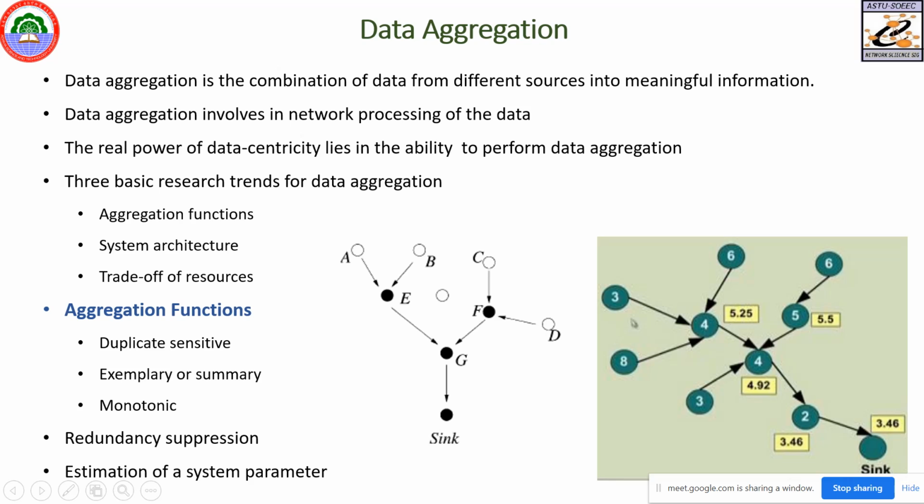When it comes to node 2, whatever data is transmitted by node 4, that is 4.92, and whatever the humidity level at node 2, which is 2, it will make an average. 4.92 plus 2 is 6.92, 6.92 by 2, so 3.46. This 3.46 is transmitted to the sink node.